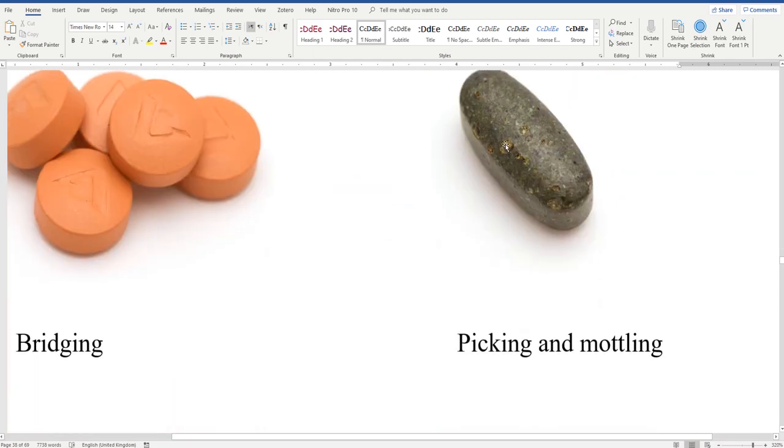If you look here carefully, you will see pitted surfaces. Pitted means with small holes. This is called picking. This can also happen when tablets, while they are tumbling, stick to each other, and when they depart from each other, they pick from each other.